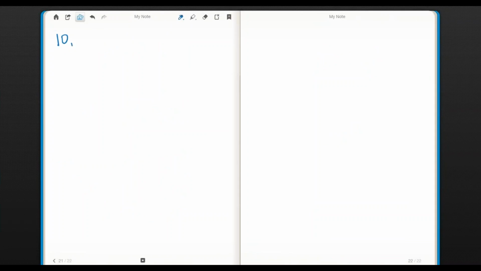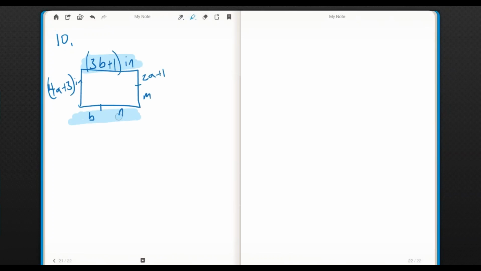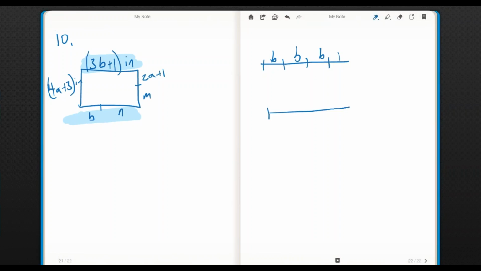Number 10, write an expression for an unknown length m and n in the rectangle below. Basically what this is asking us, since I know that these two sides are the same, and I could take that top side, if it's 3b plus 1, what we mean is it's b and b and b and 1, and I know it's the same as the opposite side, which is b and n.